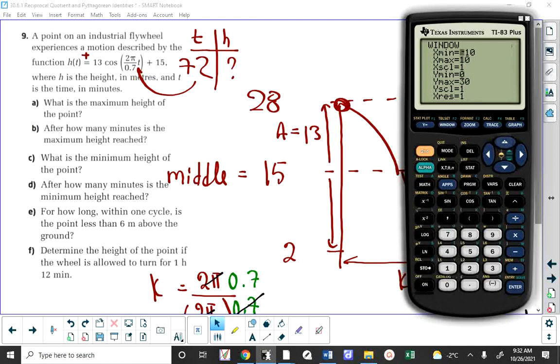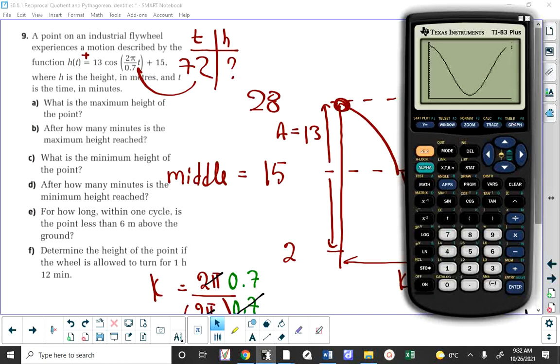And for X, I want to do 1 period, which we said was 0.7. And if I've done things right, and I didn't double check everything here, I should see what we said we should see. And it's working, right? It looks right.